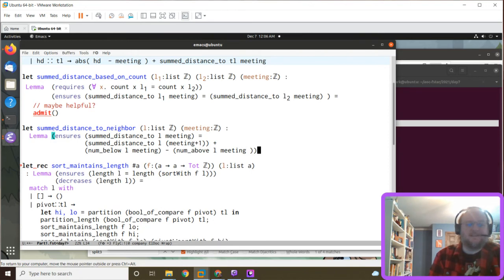So that seems like an invariant we could prove because it's got an inductive structure on the list.